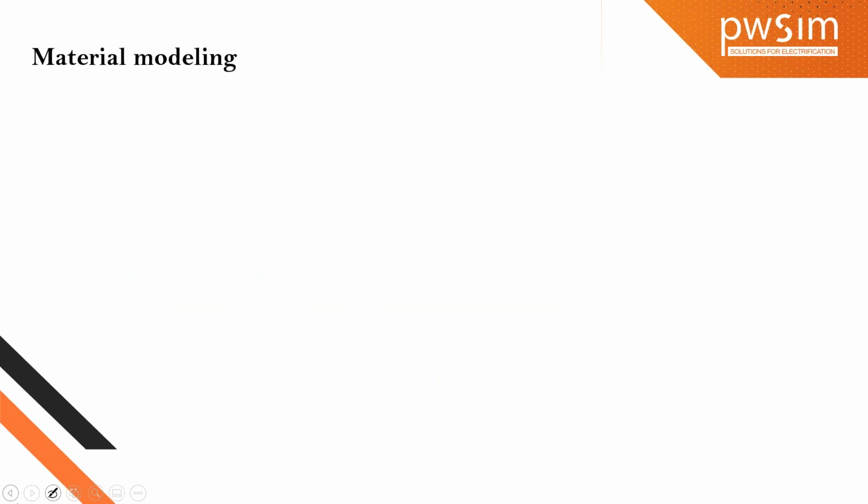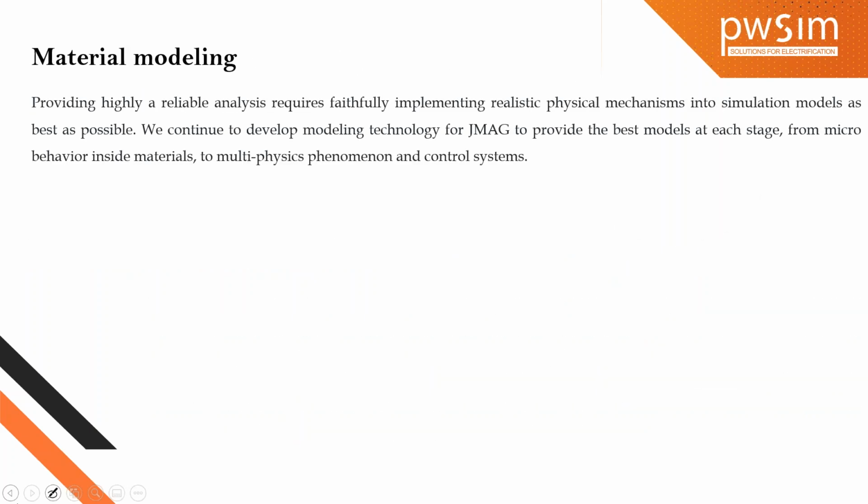So apart from creating coil geometry, we have a material modeling technology in JMAG. Providing highly reliable analysis requires faithfully implementing realistic physical mechanisms as best as possible, because material modeling is used to calculate the magnetic performance of electric devices.